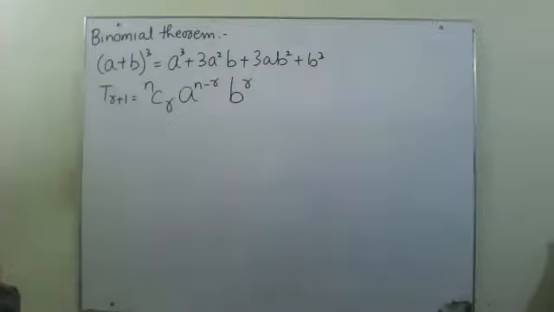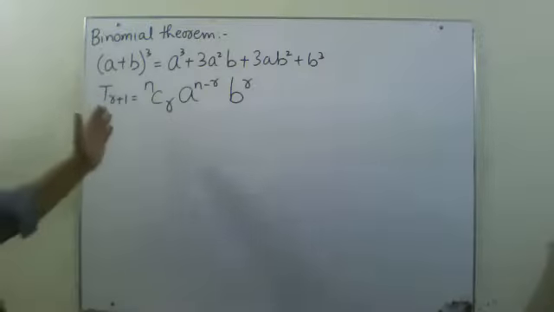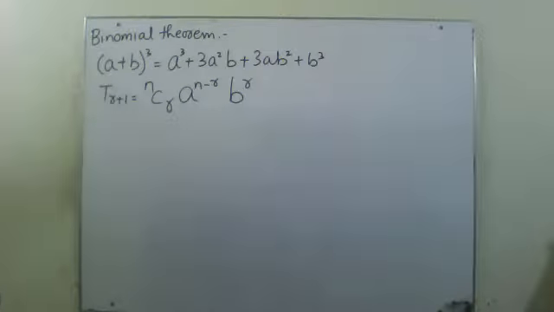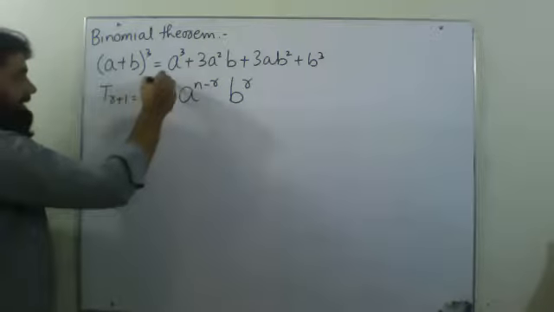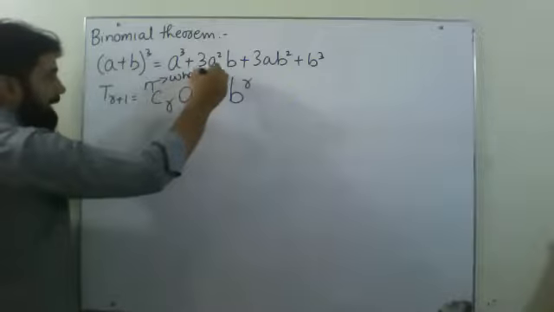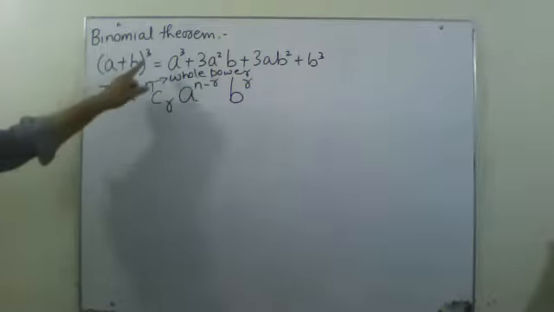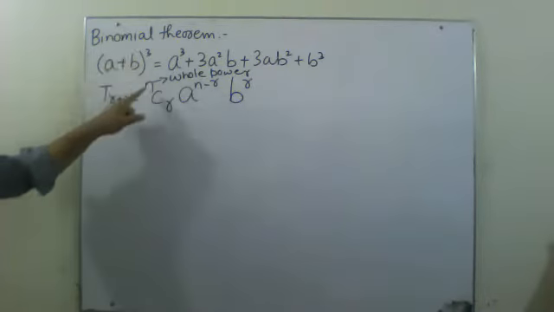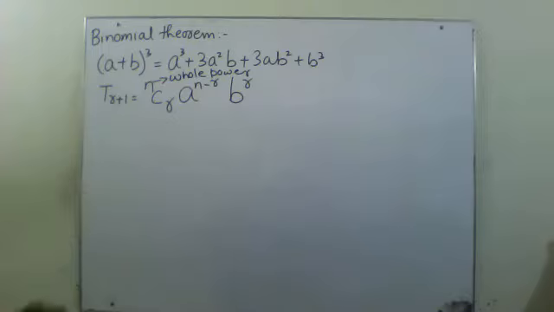Now I am going to explain what each term is expressing here. First of all, n expresses the whole power on the bracket which is to be expanded. In this case it is 3. n will represent the whole power of the bracket which is to be expanded.